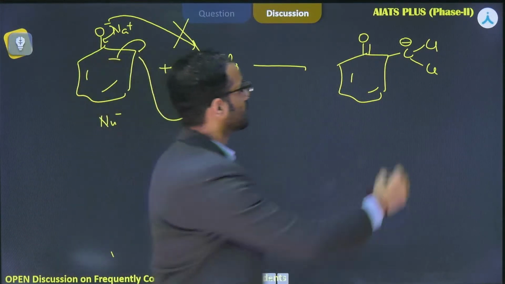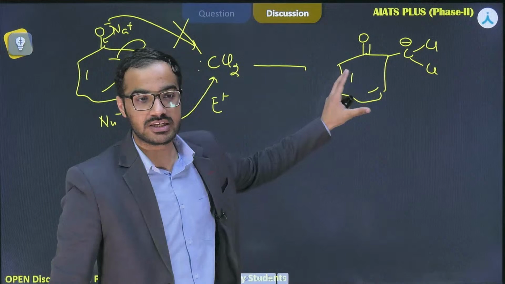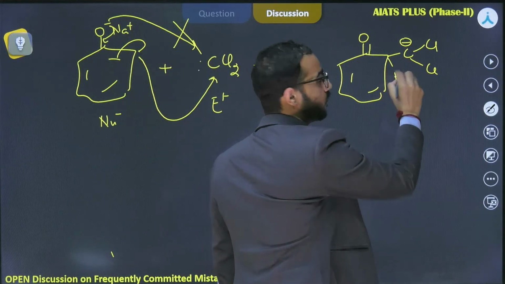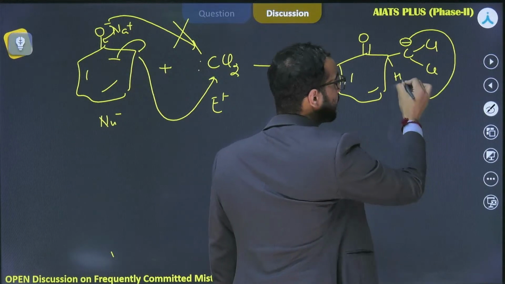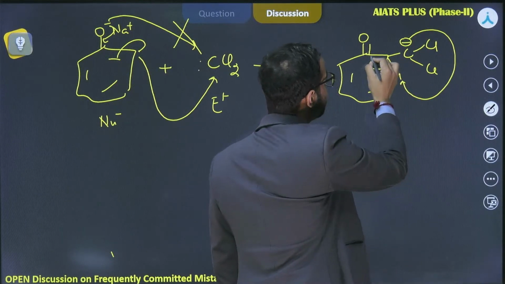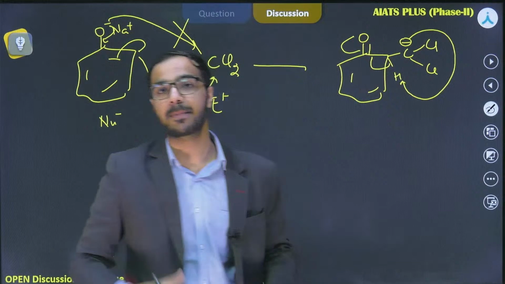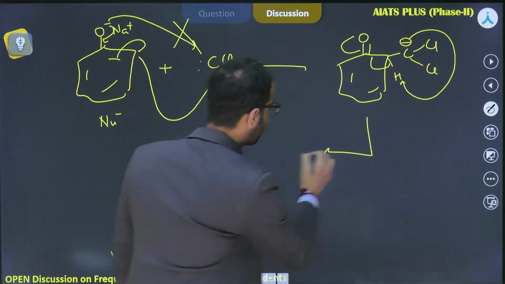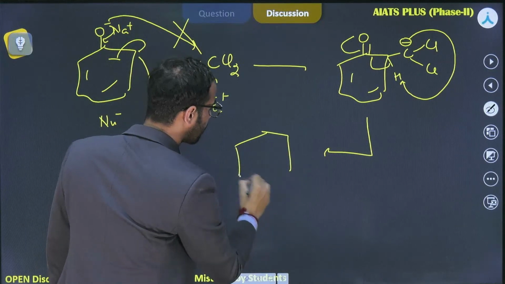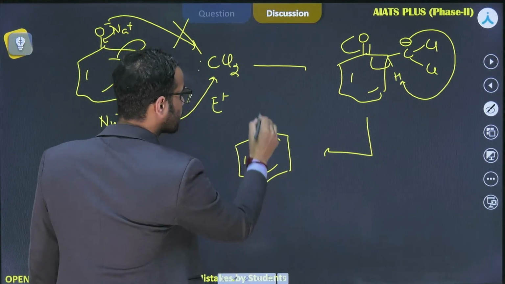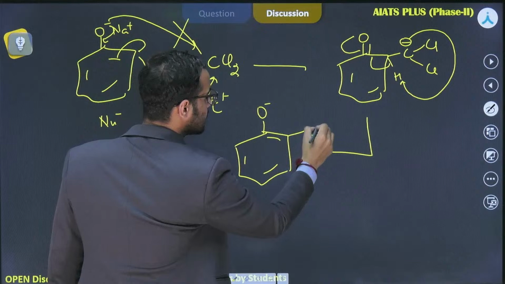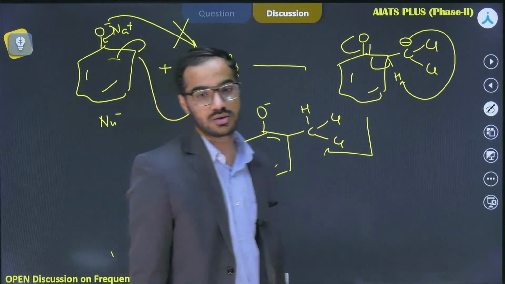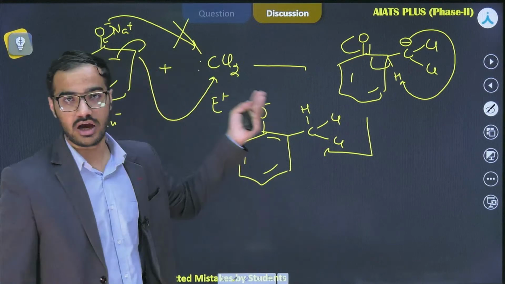And after this, now the aromaticity of this ring is disturbed. So what will it do? This hydrogen will be taken by this and released, and the system will get back to the aromatic one. You will have this phenoxide ion again, CCl, ClH.